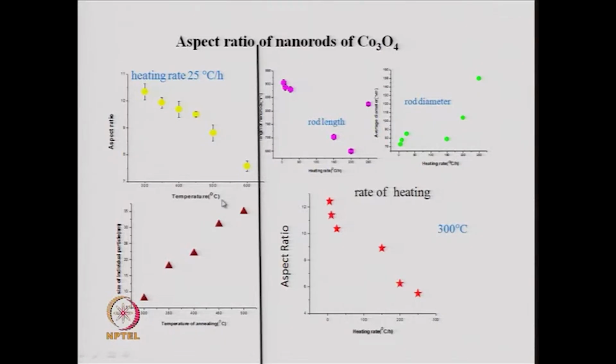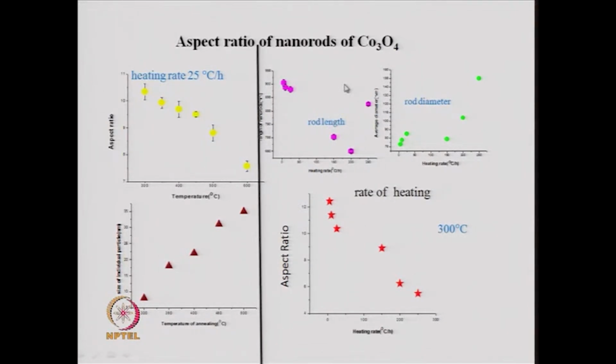So, aspect ratio changes, the rod length changes, the rod length is decreasing, the rod diameter increases. So, what is happening is the length of the rod decreases, the rod diameter is increasing. That is why the aspect ratio is decreasing.